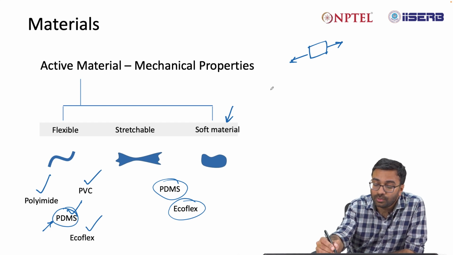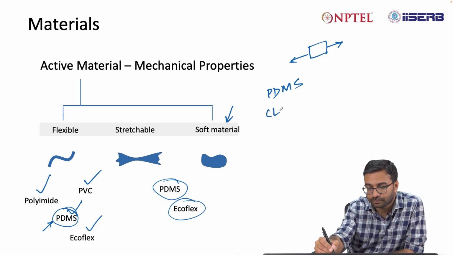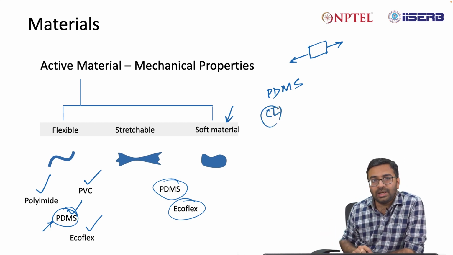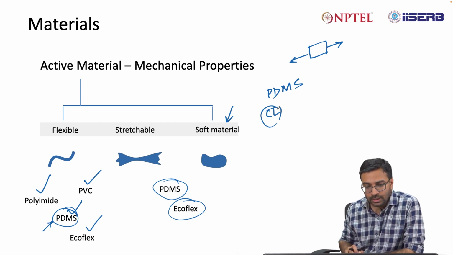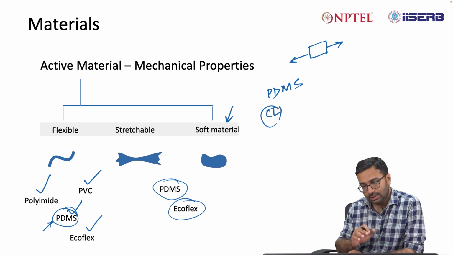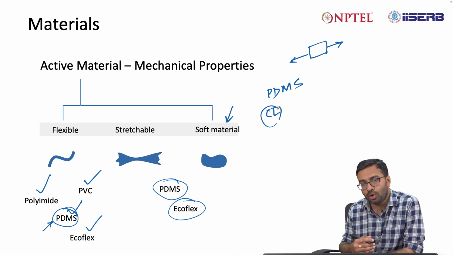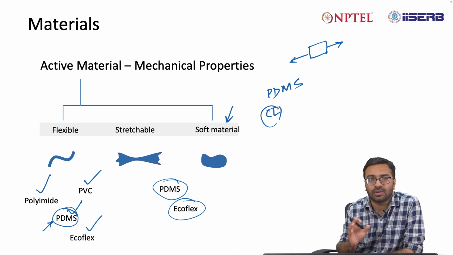For example, if you take a PDMS block and change the ratio of crosslinker, then you will find that the mechanical property of PDMS is changing. So these are the techniques that will help you to fabricate or synthesize materials having different flexibility, different stretchability, different softness.